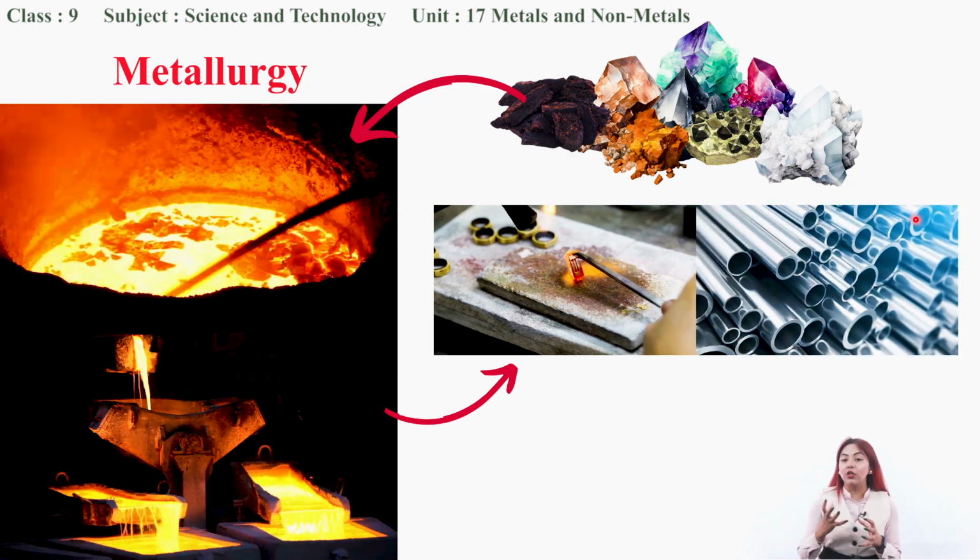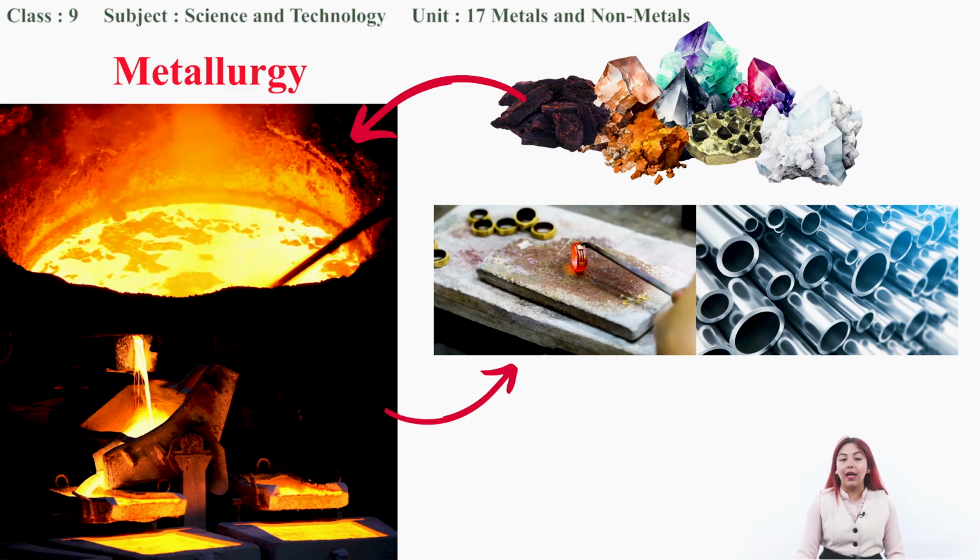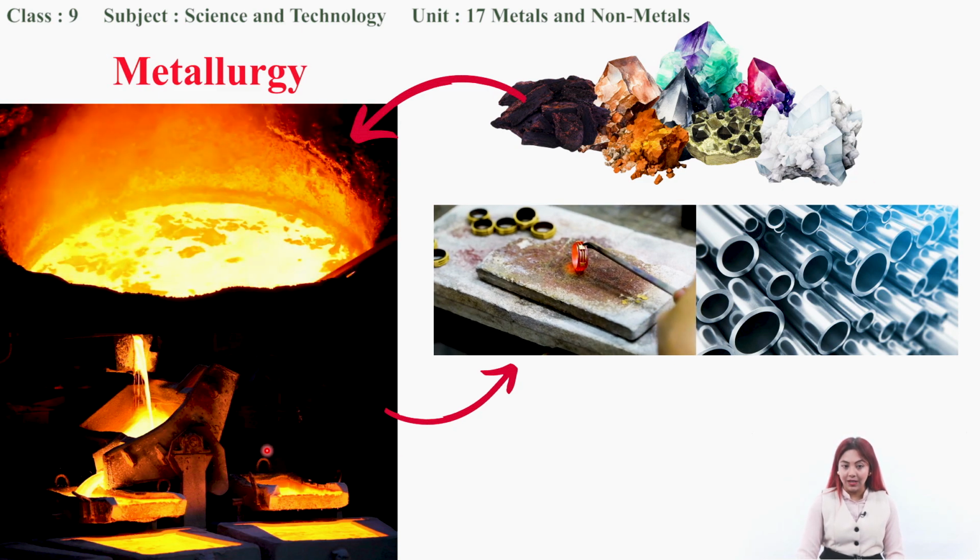So metallurgy is the process of extraction of metal from its ore. And after the extraction of metal, it is used to make various substances that are necessary for commercial as well as domestic uses.